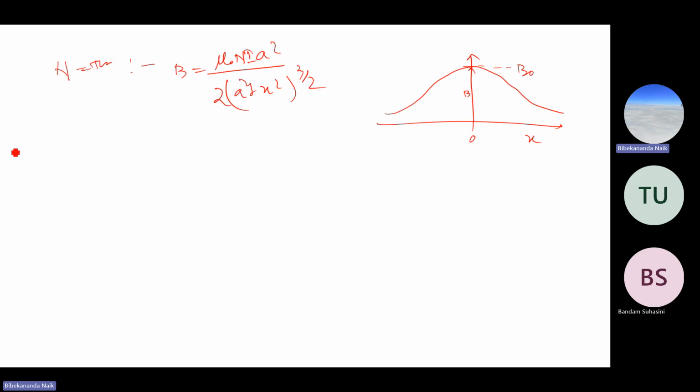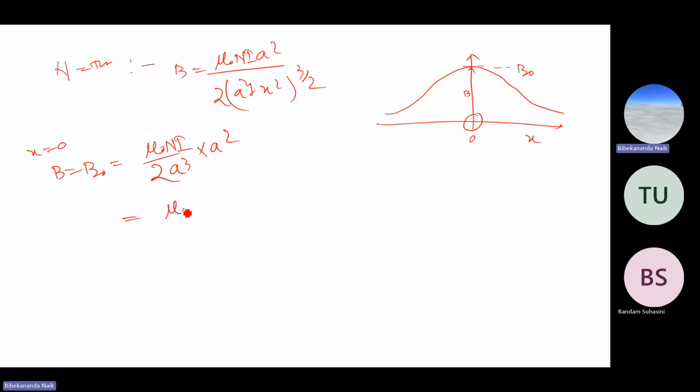So the maximum value of magnetic field here, suppose this is B0. Now what will be B0? B0 is at x equal to 0. So when you put x equal to 0, B will be B0, which is mu 0 n I by 2 a cube into a square, because this a square to the power 3 by 2 cancels out to give us a cube, and this x is 0.